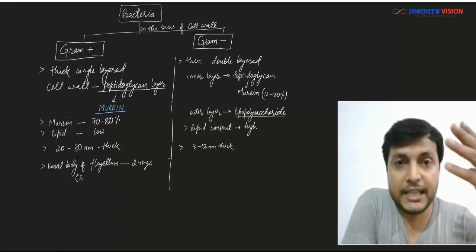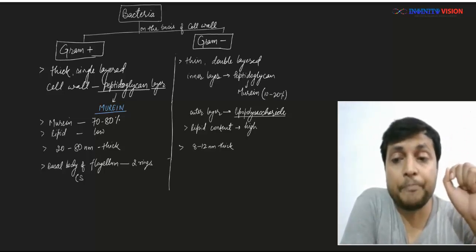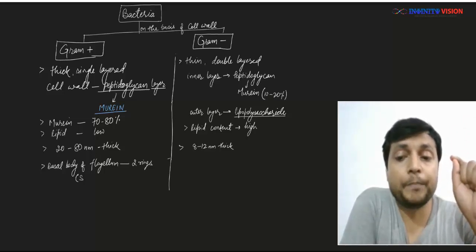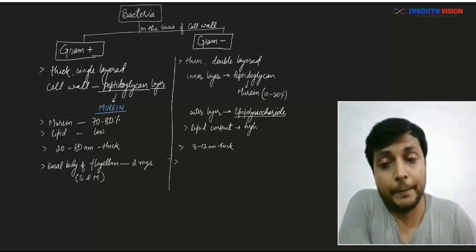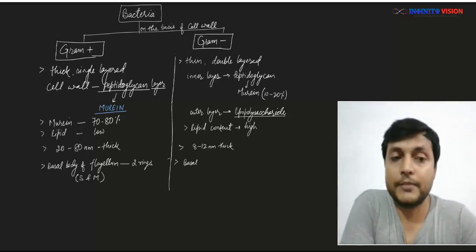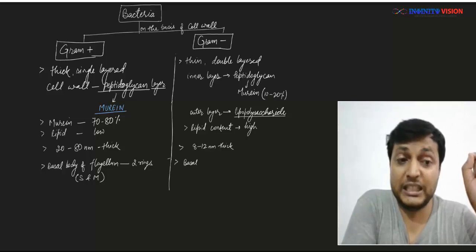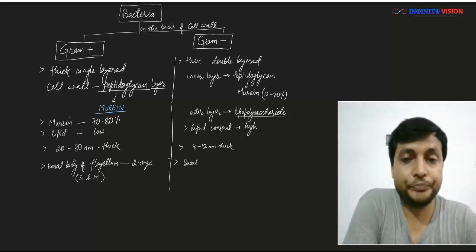L, P, S and M. But if it is a gram-positive bacteria, its basal body will contain only two rings, and those are S and M. So S and M rings are found in, can you answer? Yes, in the cell membrane, right? L and P were found in the cell wall.